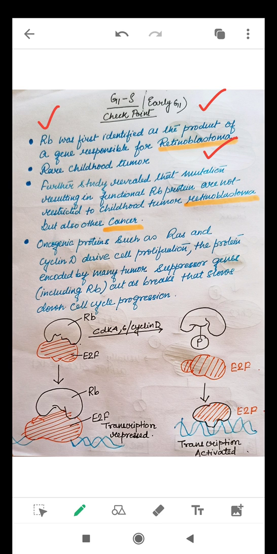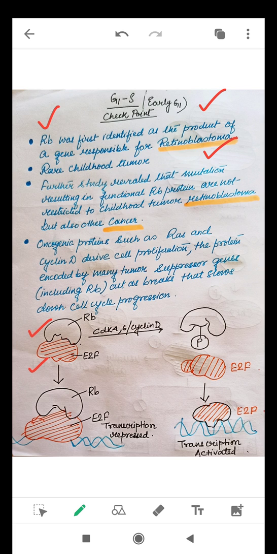Oncogenic proteins like RAS and cyclin D drive cell proliferation, and the proteins encoded by many tumor suppressor genes include RB. So you see what happens. This RB is basically interacting with E2F. E2F is a transcription factor, which is used in the transcription process.